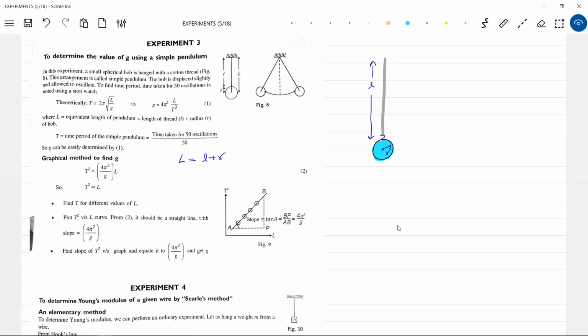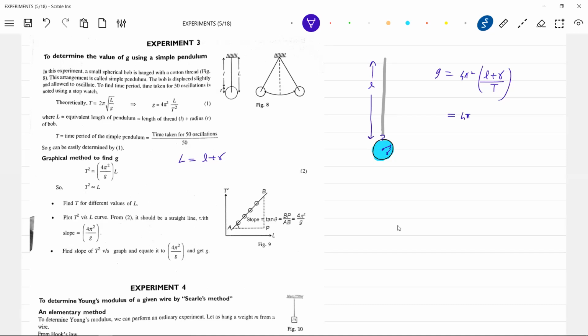What is the major purpose of this? Acceleration due to gravity. So the expression will become 4 pi square (L plus R) by T square. What is L plus R?